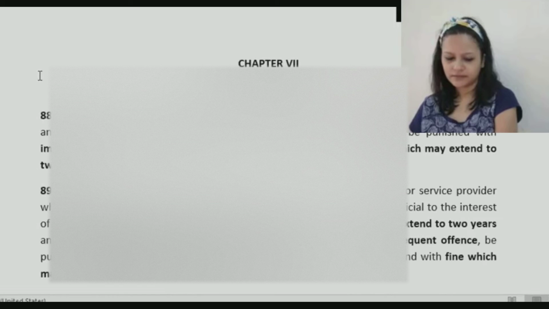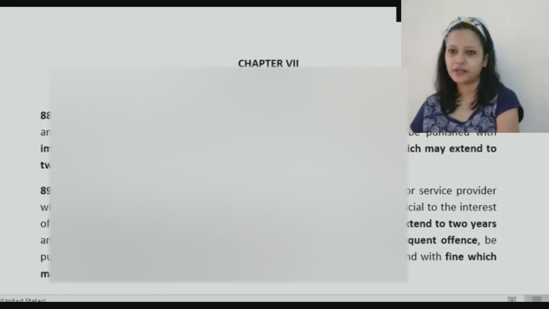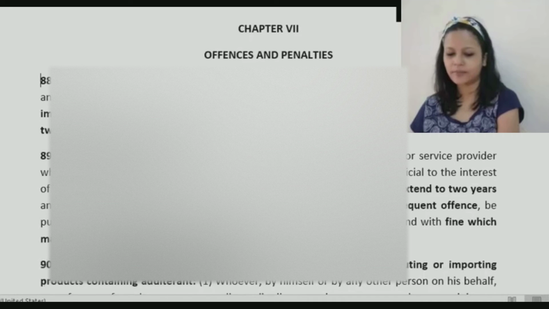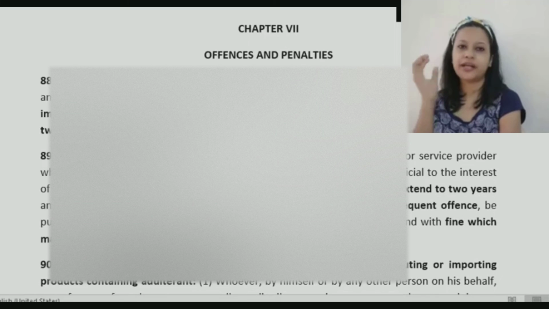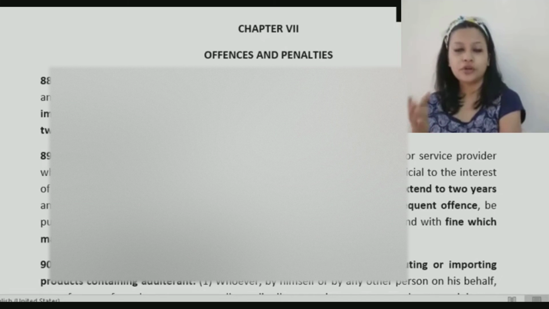All right, so first is Section 88 that talks about penalty for non-compliance of direction of the Central Authority. Now we know under the Consumer Protection Act, there are many different authorities being established. Similarly, there is one regulatory authority, that is the Central Consumer Protection Authority.